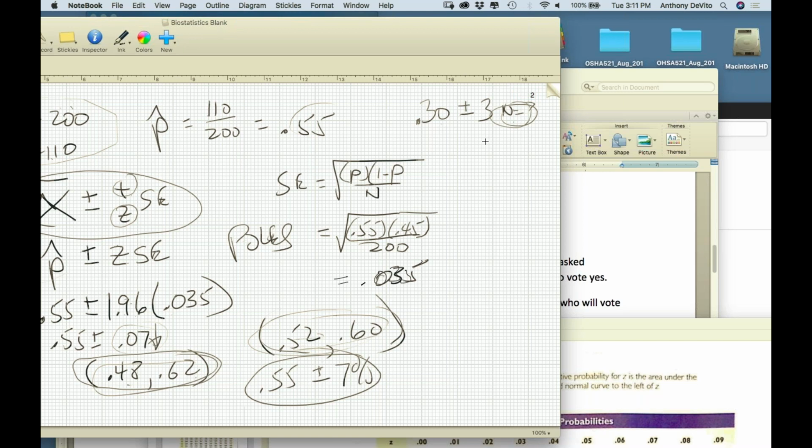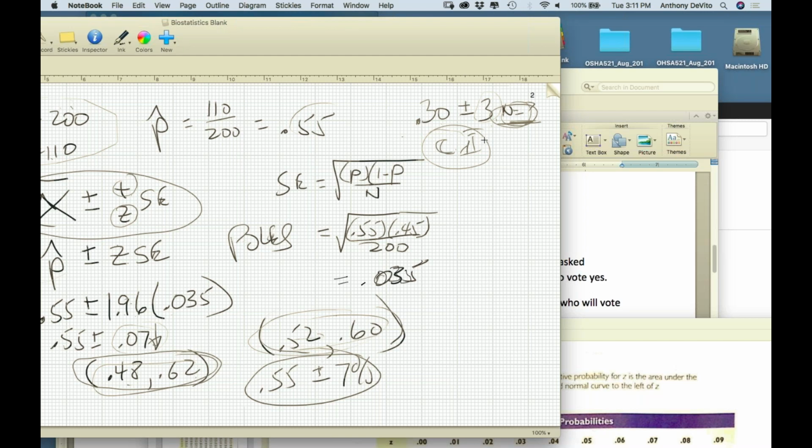Figure out what the margin of error is, what the confidence interval is, and see if you get the same. They may not give you the sample size. If they give you the sample size, figure out what your confidence interval would be and see if it really comes out to be 27 to 33. My guess is it's not.